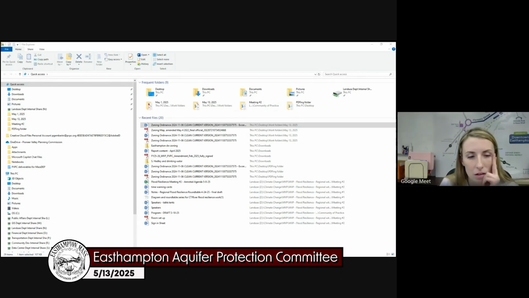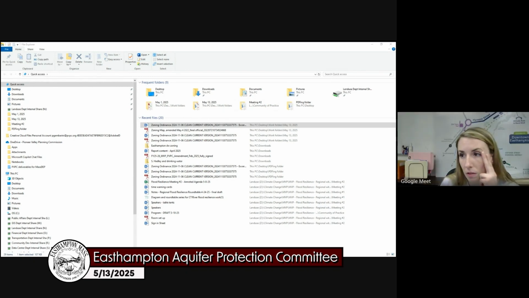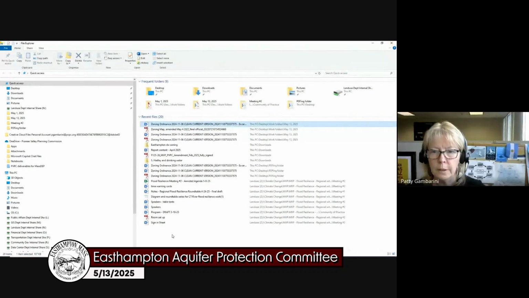Oh wait, we can see File Explorer. We're not seeing the document. Oh, you can't see the document. No. So yeah, if you email it, I'll pull it up. Okay.